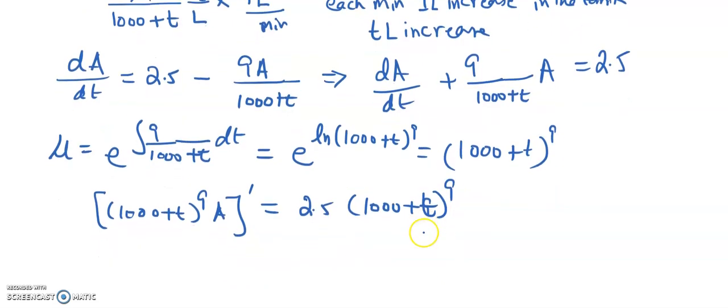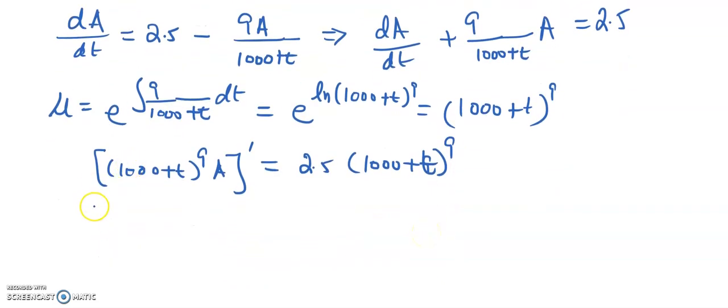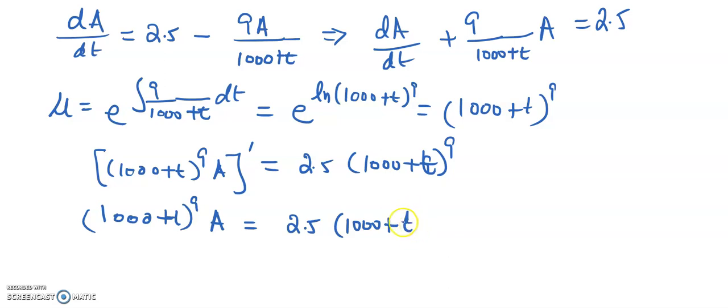Now integrate this equation. So it will be (1000 plus t) power 9 A is equal to 2.5 into (1000 plus t) power 10 over 10 plus c.